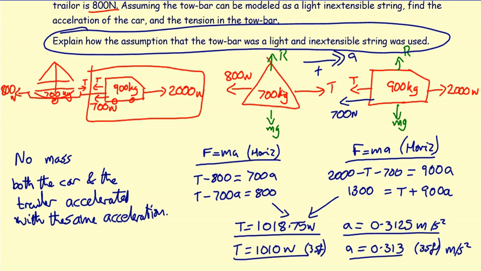And that's really important, because that's what allowed us to solve this simultaneous equation. Without that, you couldn't solve this yet. You'd have to do a whole lot of stuff with Hooke's law and all of the joys therein.